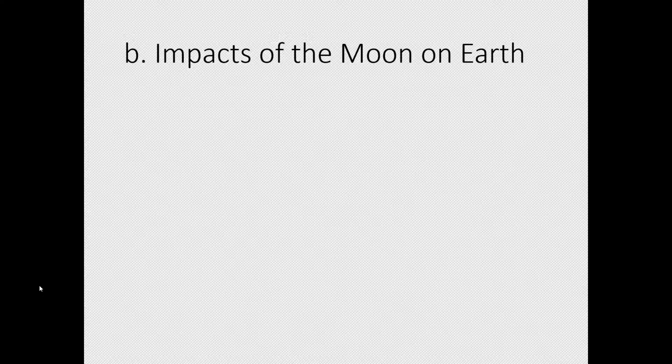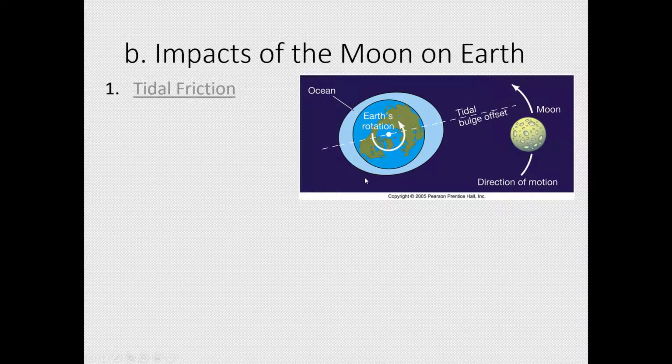One significant impact of the moon on the Earth is called tidal friction. Tidal friction is what creates the tides on Earth, and it's the result of the gravitational attraction of the moon. The moon is actually about 1/4 of the size of the Earth, which is very large for moons and planets. And the water in Earth's oceans is gravitationally attracted towards the moon.